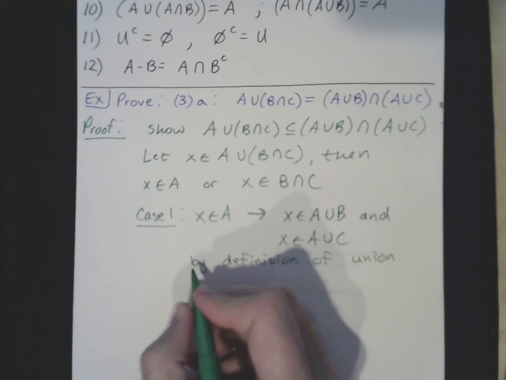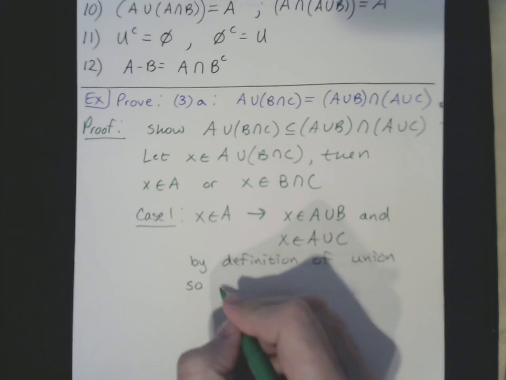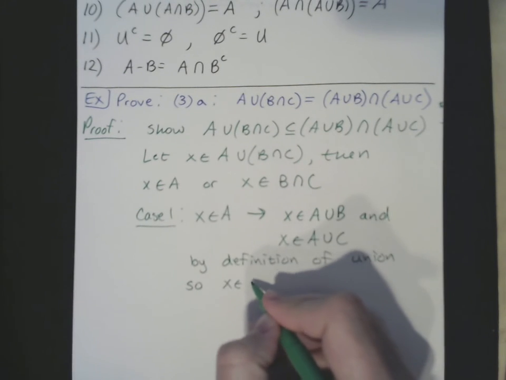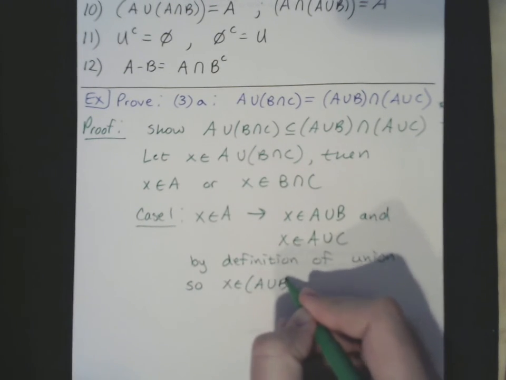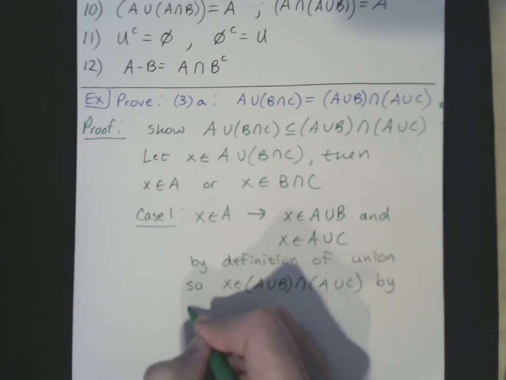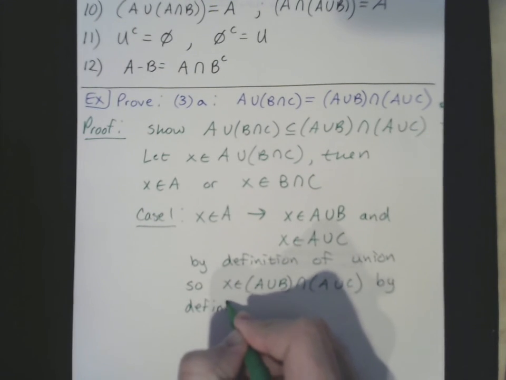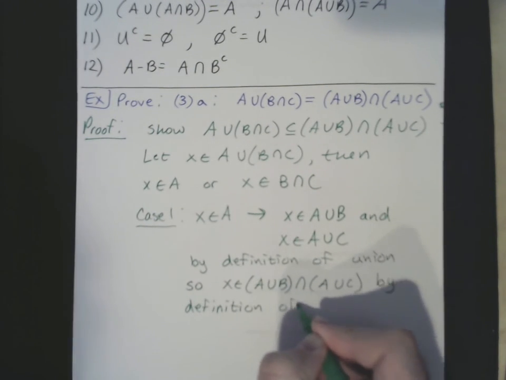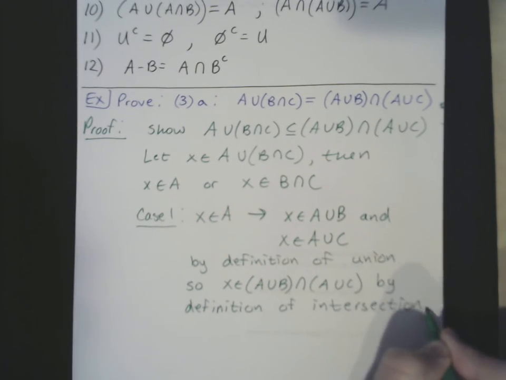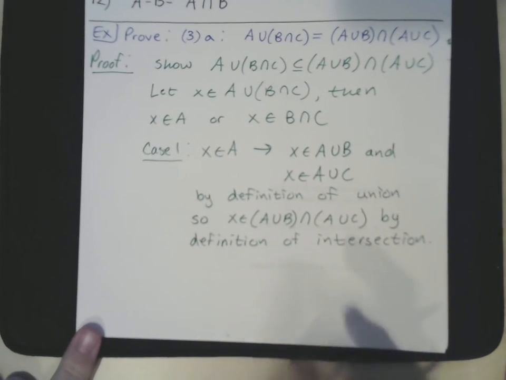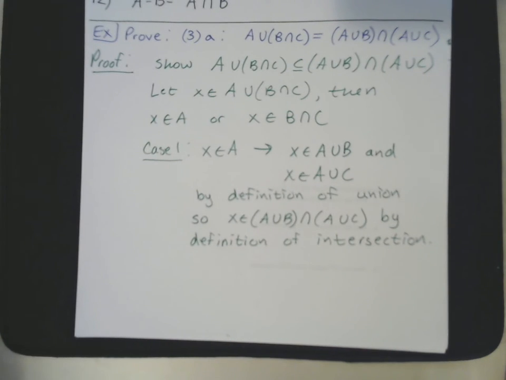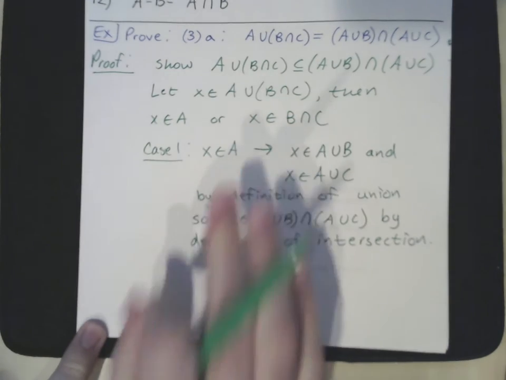So if I'm here and I'm here, then X must be in (A union B) intersected with (A union C), again by definition of intersection this time. Intersection says you have to be in both. Well, we're in both, which means that we're in the intersection. So that's case 1. We were in A.